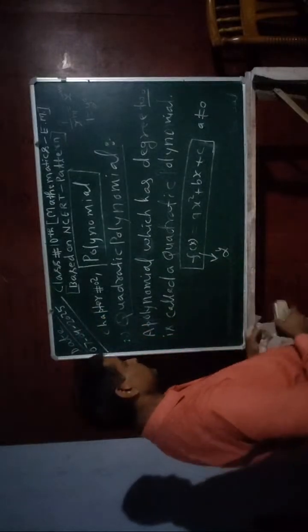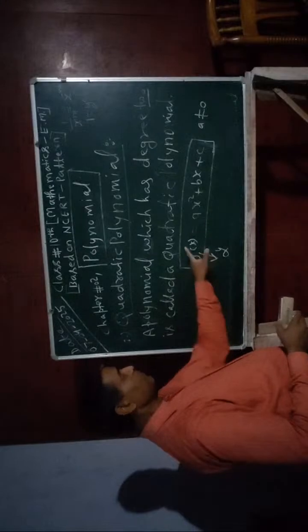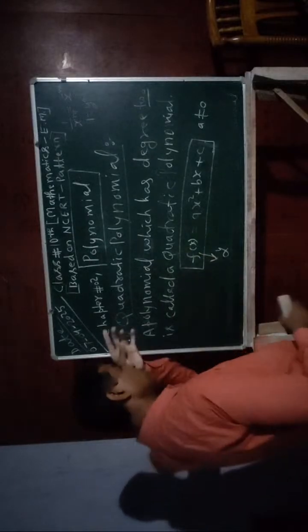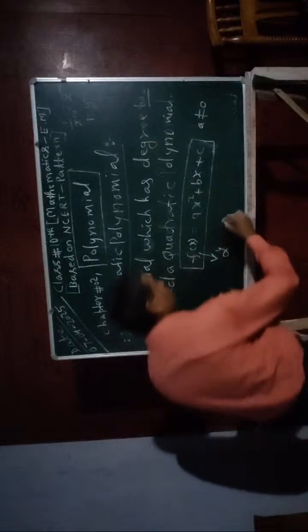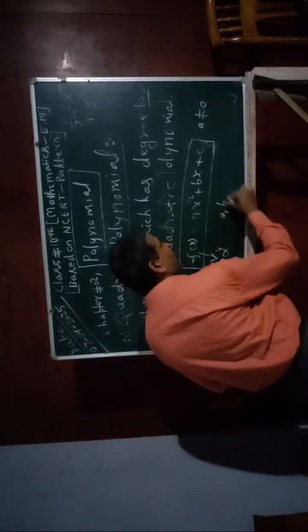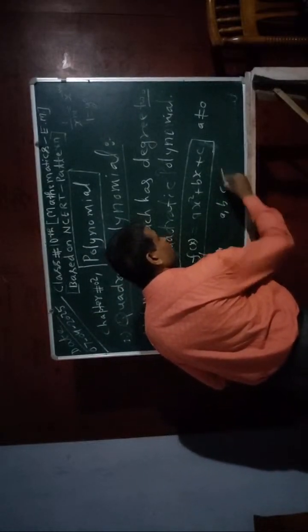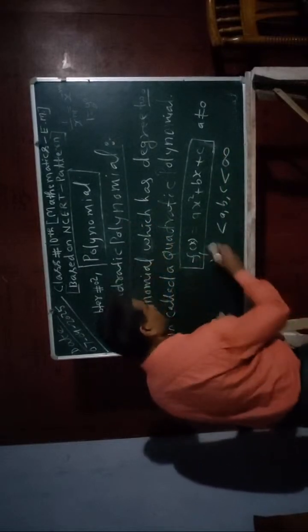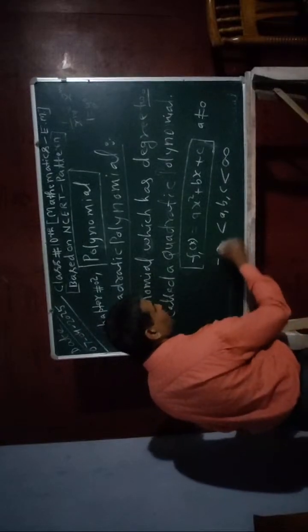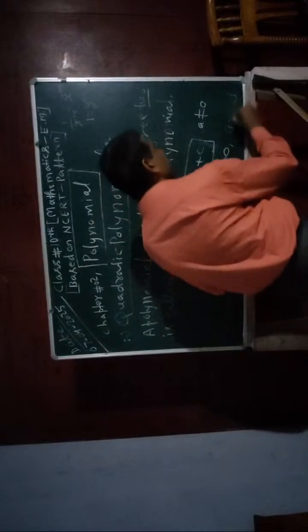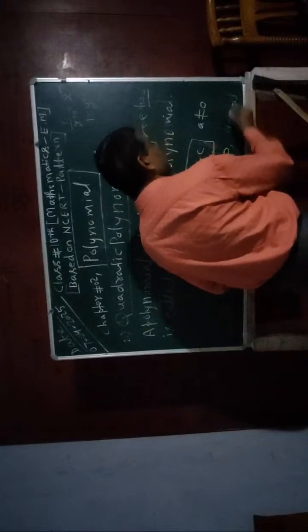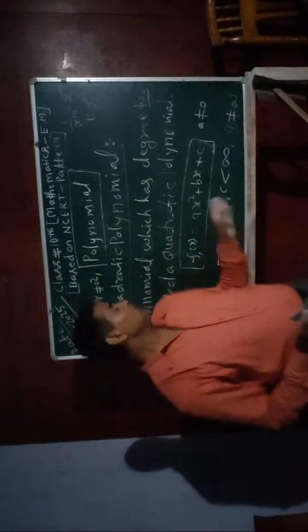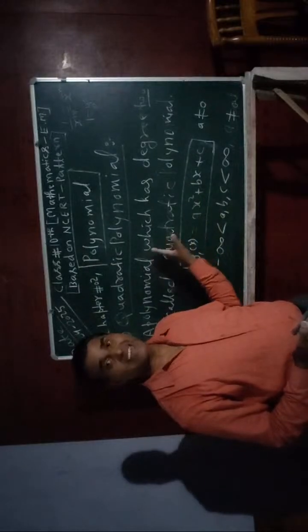If anyone asks what the values of a, b and c can be, their values will be from minus infinity to plus infinity, but a I cannot take as 0, because then this polynomial will become a linear polynomial, so the quadratic polynomial will not exist.